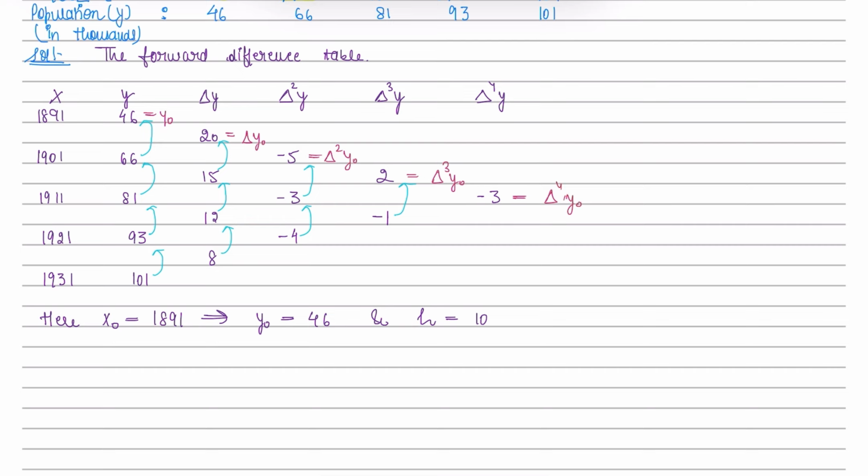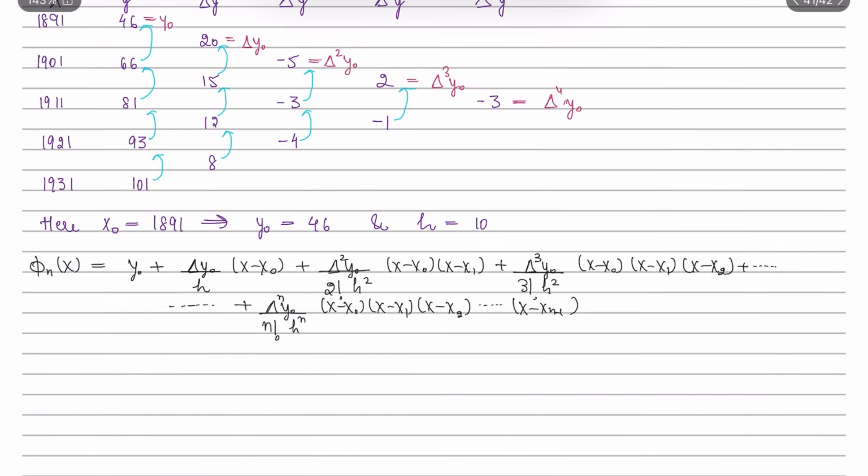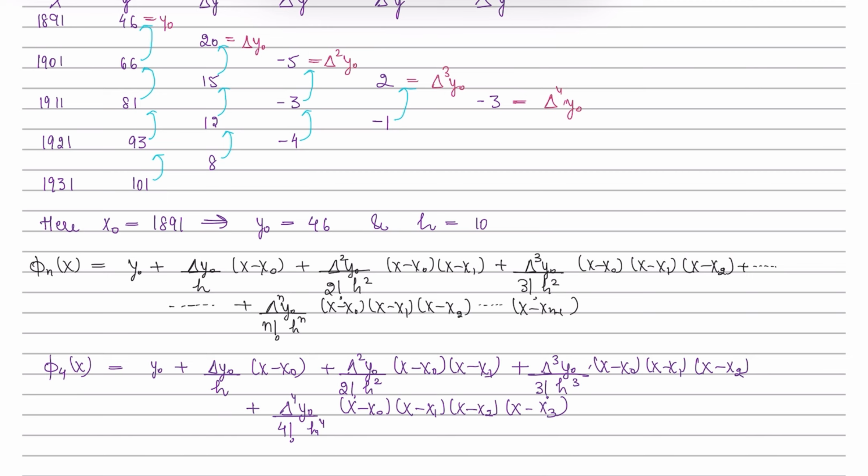Using all these in the equation, phi n x, this equation will reduce to phi 4x is equal to putting the values of y naughts, forward y naughts and xi's in this equation.